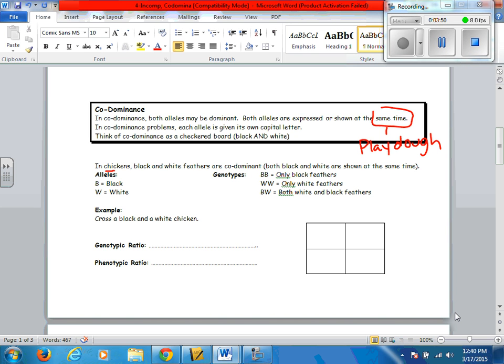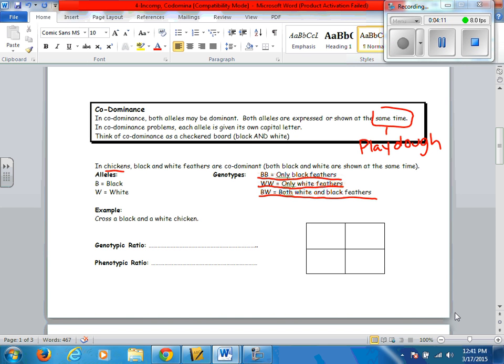So let's say chickens. Chickens are a good example of this. Let's say we have a black chicken, and that's going to be BB. And we have white chickens, and that's going to be WW. Of course, we're talking about the feathers. That third one, when you mix the black and the white allele, you're going to get one with both black and white feathers. We often see this in animals with different colors.